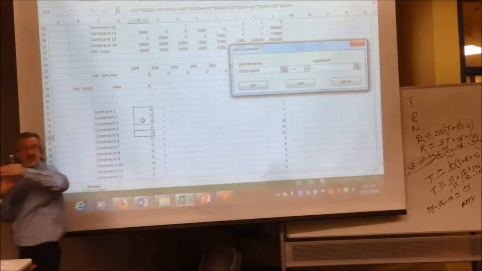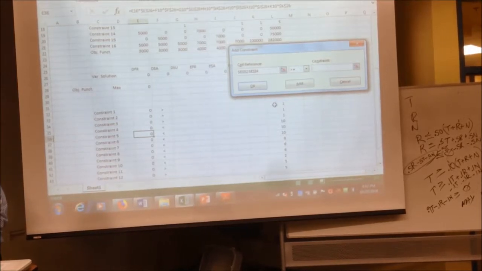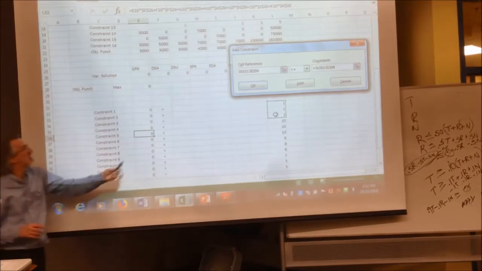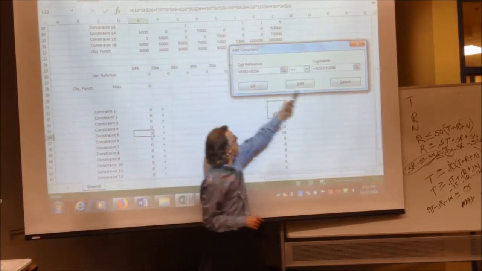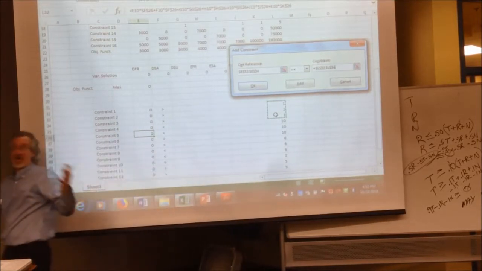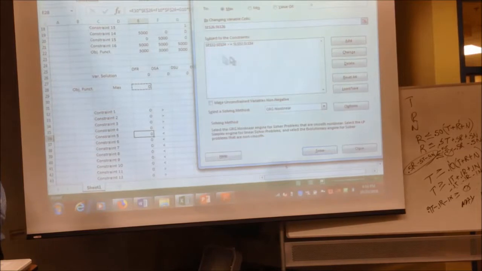All of those cells at the same time are going to be our left side. This is why I can do this, because every one of them is greater than or equal. And then the right side are the same 3 cells over here. Again, right there, drag it. Same number of cells, 32 to 34. So it knows the right side and left side, all 3 of these at one time. Hit OK. There they are.